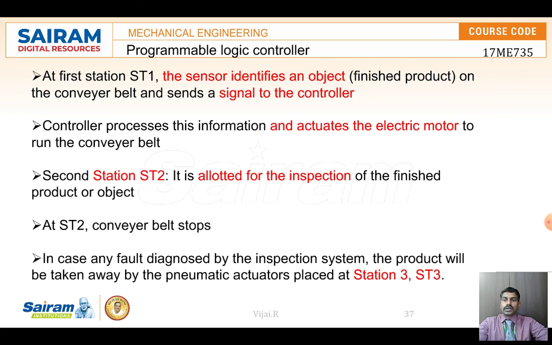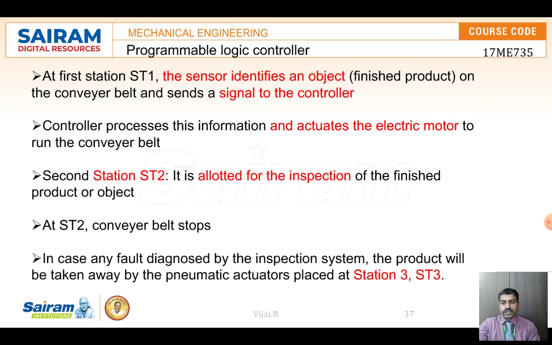So this is what happens in stations 1 to 3 on the conveyor belt. The sensor identifies the object at station 1, so it sends a signal to stop. And again, after the process is done, the finished product has to move, so it activates the electrical motor to run the conveyor belt.